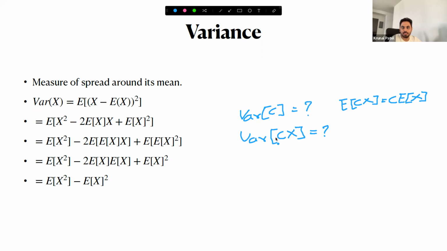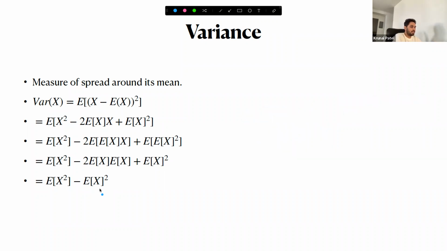Again, all you have to do is put cx here, try to simplify it, and find out the answer. Covariance is bilinear. We are not really into covariance right now, but okay. Yes, you guys are getting it correct. So good job.